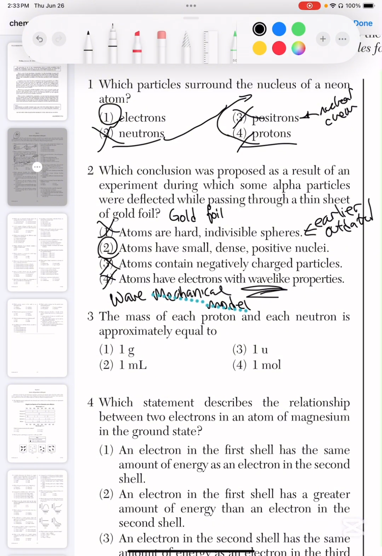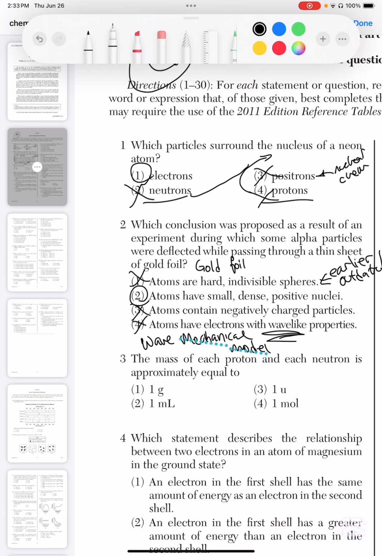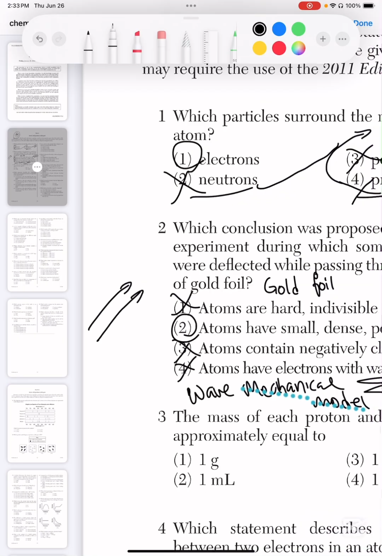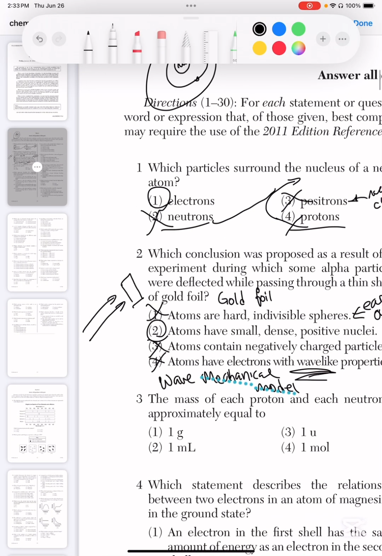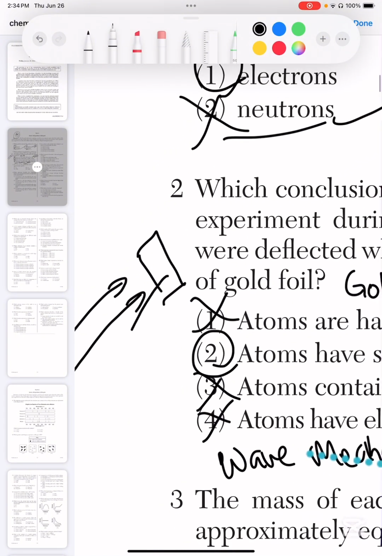So what happened during this experiment was that Rutherford, the chemist who conducted the experiment, was blasting alpha particles at a piece of gold foil. And then he discovered that some of the particles actually bounced back, and that was because of the positively charged nucleus.